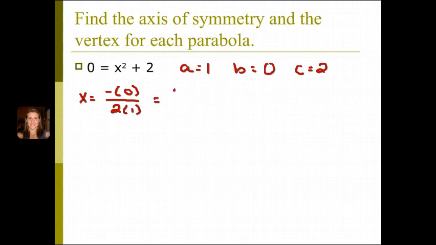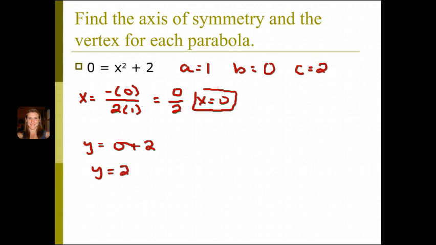Well, 0 divided by 2 is just 0. Plug that in, and you have y equals 0 plus 2, so y equals 2. We need to write this as an ordered pair, so (0, 2) is the vertex.